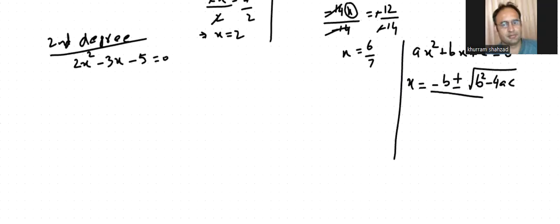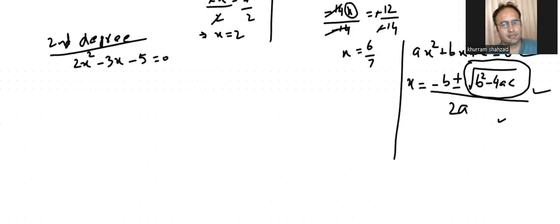So this is the second degree equation, and this is its quadratic formula to calculate its roots. The factor b square minus 4ac, which is inside the square root, is called the discriminant. We also call this whole formula the quadratic formula.